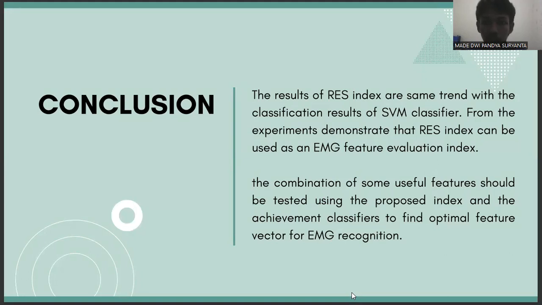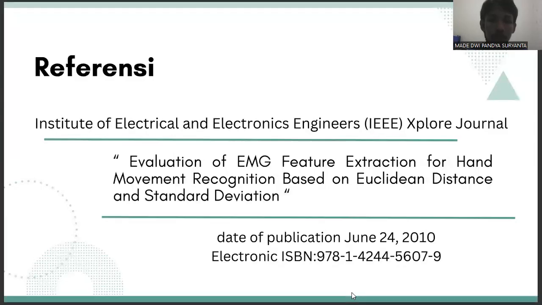The experiment demonstrates that the RES index can be used as an EMG feature evaluation index. The combination of some useful features should be tested using the proposed index and the state-of-the-art classifier to find the optimal feature vector for EMG recognition.